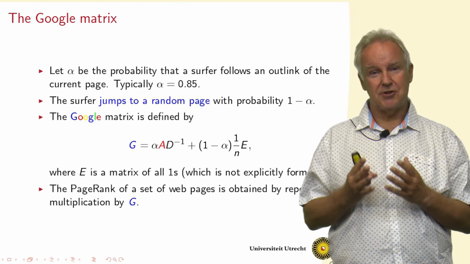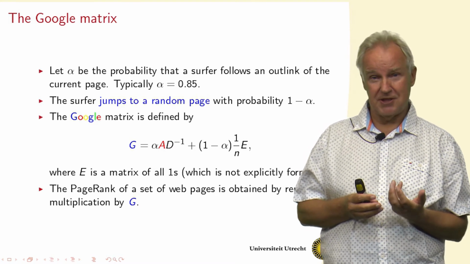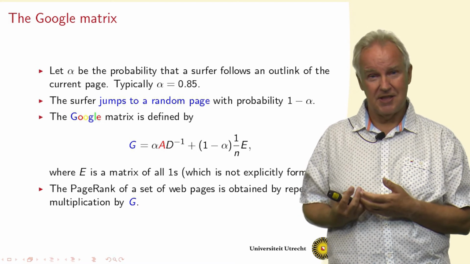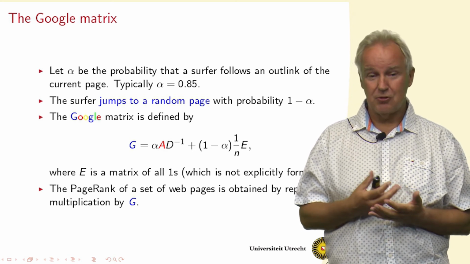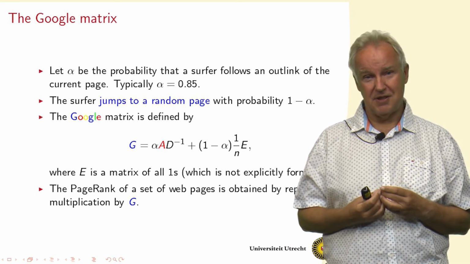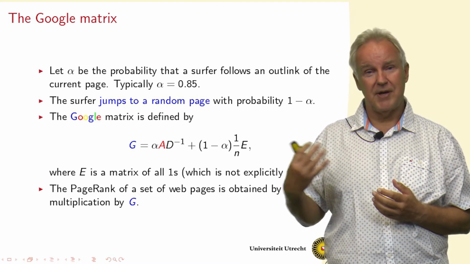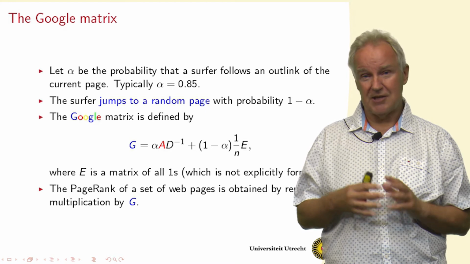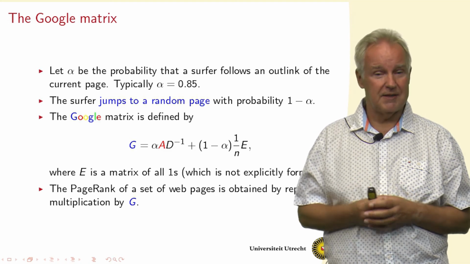Then there's a certain chance that you follow an outgoing link. Typically in this computation it's 85%, we call that alpha, and 1 minus alpha is the chance that you jump to an arbitrary page. The Google matrix then has two terms: alpha times A, modified by this matrix D, and this random surfing behavior, which is modeled by a matrix E, which has all ones, and then the chance that you go to one of those pages is just 1 over n.